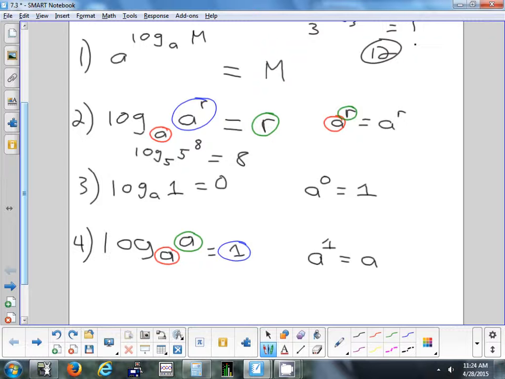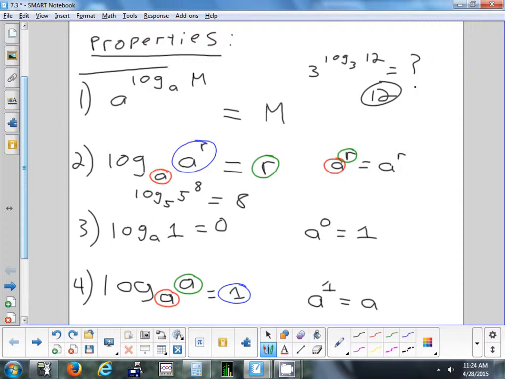Raising something to the first power gives you back what you started with. So this is the reason why this rule is true. On your reference sheet, I would just focus on writing down those rules. I'm not going to ask you why they're true. They're just special patterns we're going to look for.